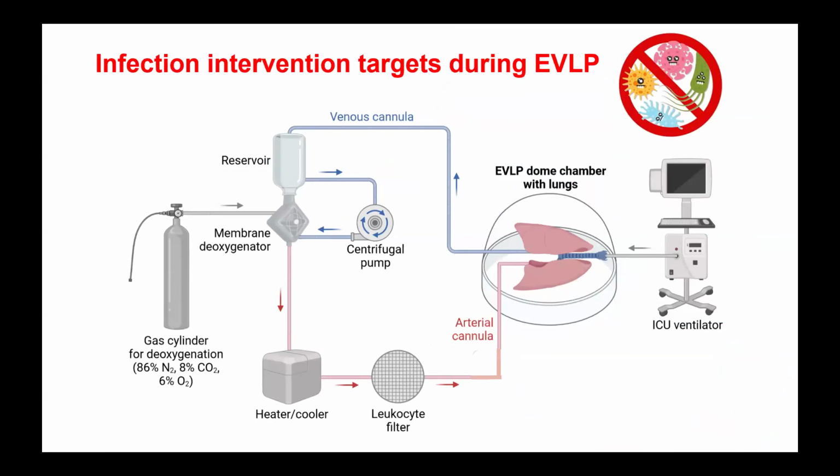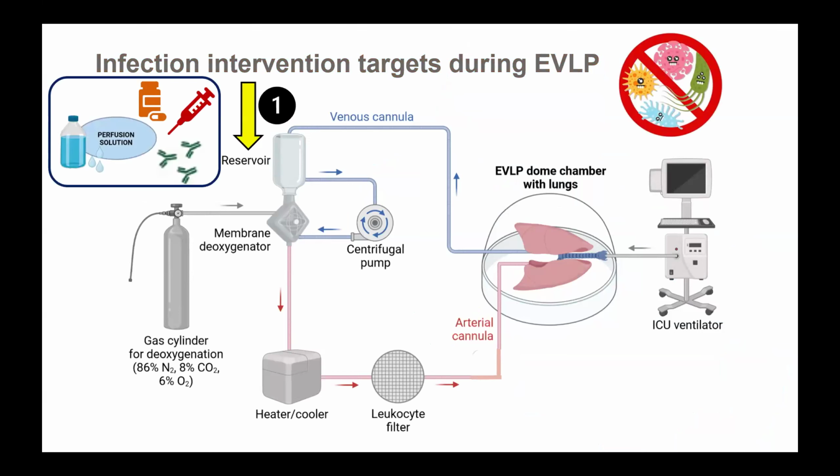So here, if we have a schematic of the ex vivo lung perfusion system, think about where we could intervene in terms of infection intervention targets within this system. You could intervene in the reservoir using the perfusion solution, and could we give antibiotics, antivirals, different things there we could put in the reservoir to impact what the organ is receiving before we then transplant those organs?